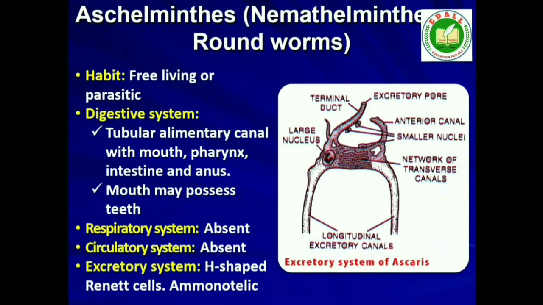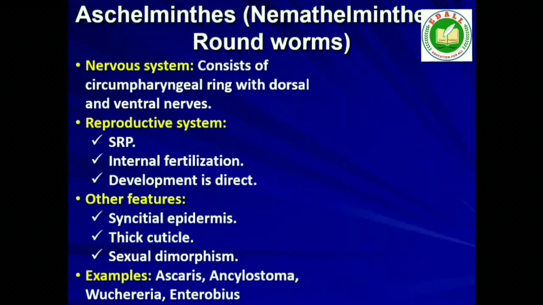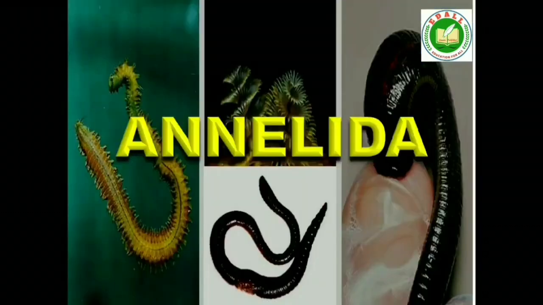An excretory tube removes body wastes from the body cavity through the excretory pore. Sexes are separate, dioecious, that is, males and females are distinct. Often females are longer than males. Fertilization is internal and development may be direct, the young ones resembling the adult, or indirect. Examples: Ascaris, also called roundworm, Wuchereria, also called filaria worm, Ancylostoma, also called hookworm.